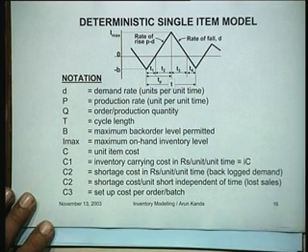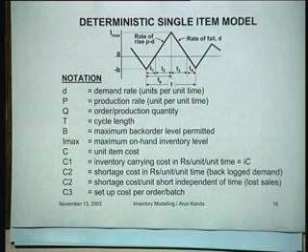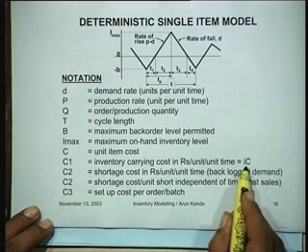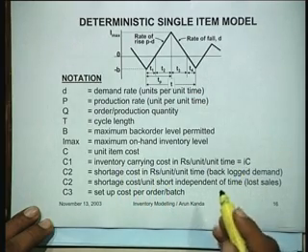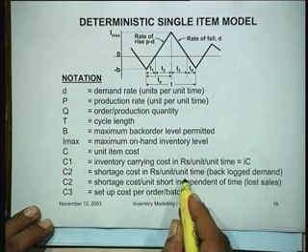In this situation we have considered 2 types of shortage costs. C1 is the inventory carrying cost, which is equal to IC as usual. C2 is the shortage cost in rupees per unit time.